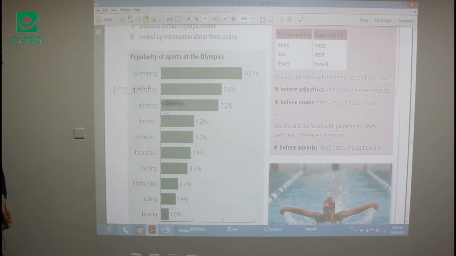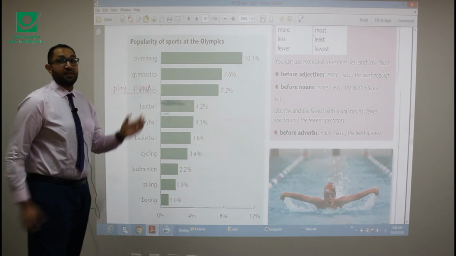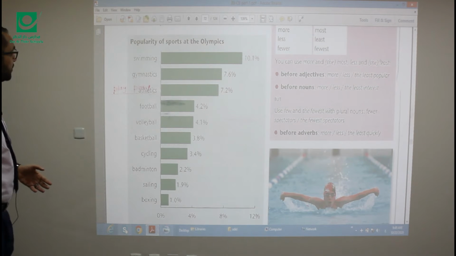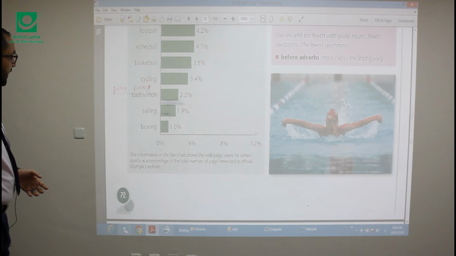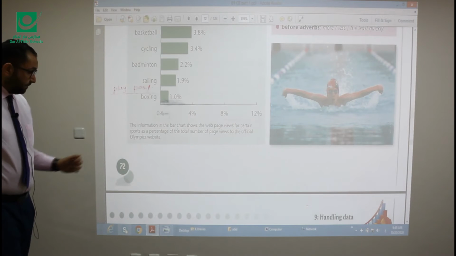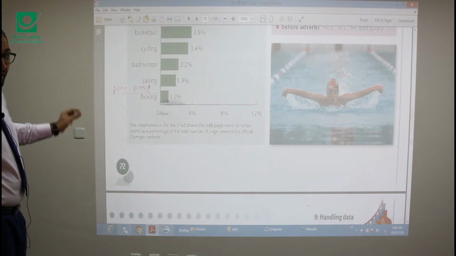As you can see here, we have this chart. We see popularity, so it means that people like this. We have different kinds of sports, and we have percentages, as you can see. If you read these two lines under it, this is what we call a caption.